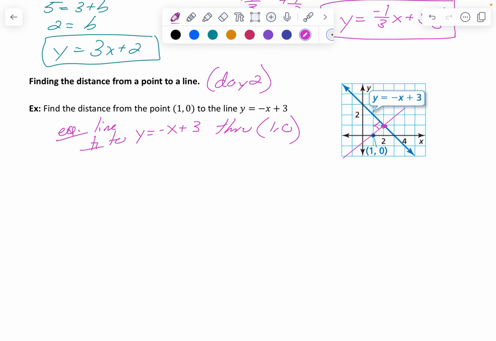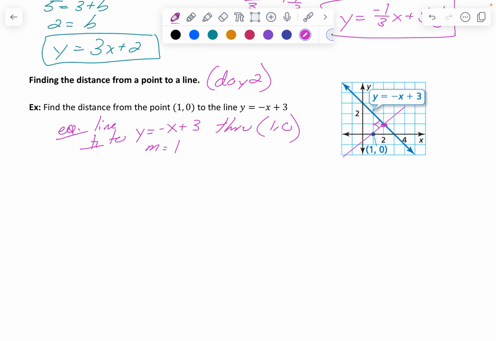So that means, let's see, perpendicular means my slope is going to be positive 1, right? Because right now it's negative 1. The reciprocal of 1 is 1, and the sign flips. So like I said, we can kind of see it on this picture, but we can't always see it. So it won't be so obvious, so we need to know how to do it.